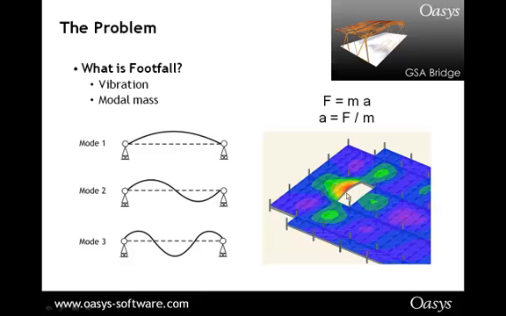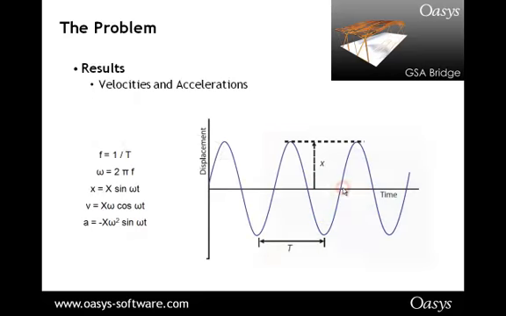If we see this example, big floor slab, but only this part of the floor is actually moving for this vibration mode. So the modal mass is just a fraction of the overall structure.